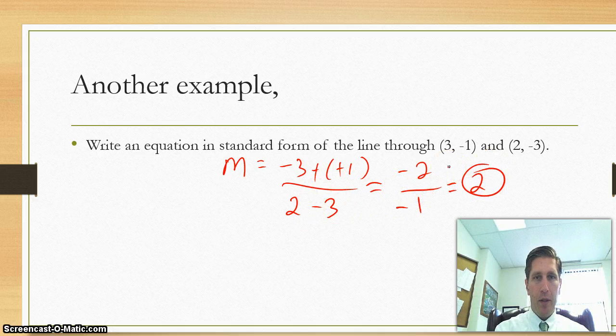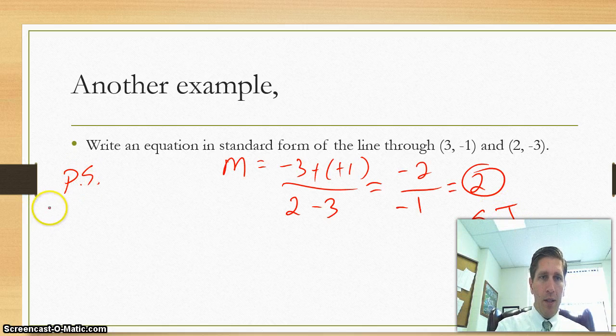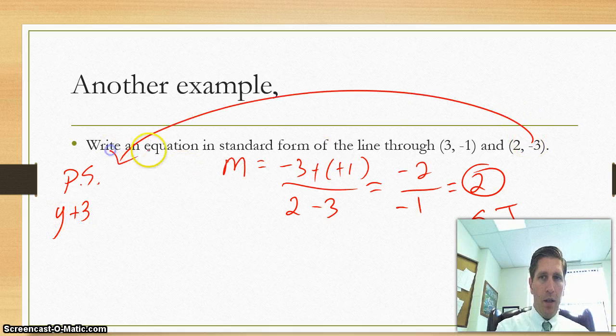So I get a positive 2 here. So let's solve. I'll show you both of them again. Let's use point-slope over here, and slope-intercept over here. So let's say, I'll choose the second one first. y plus 3 equals 2, parentheses, x minus 2.